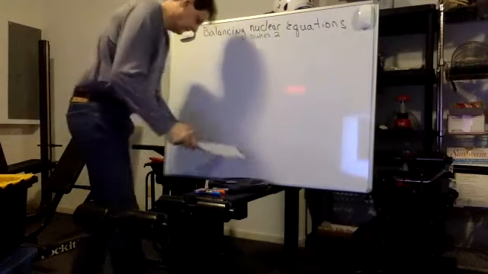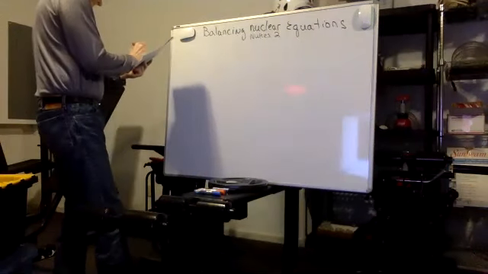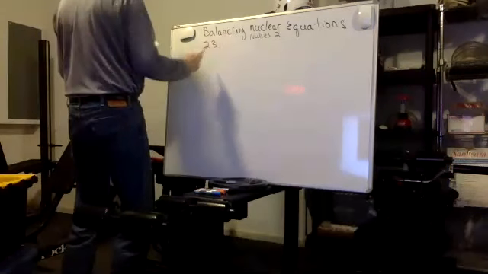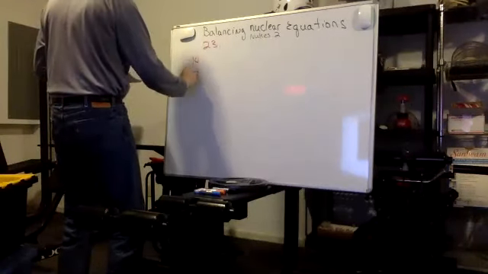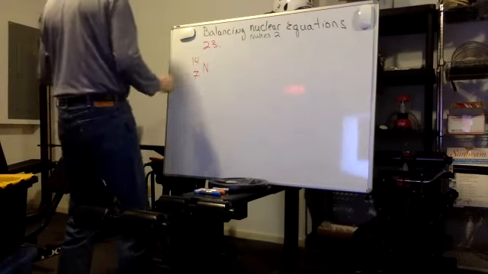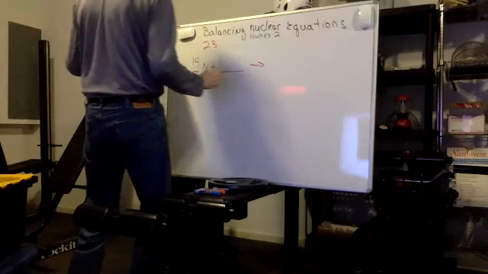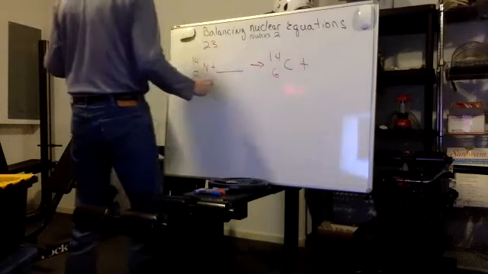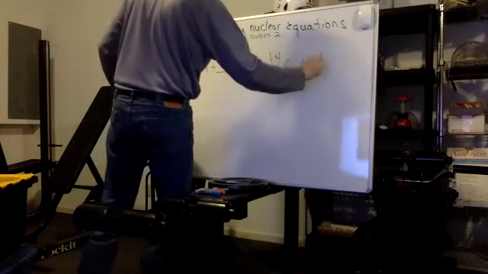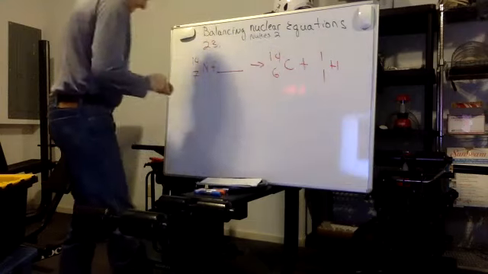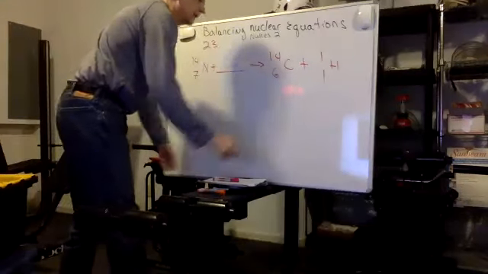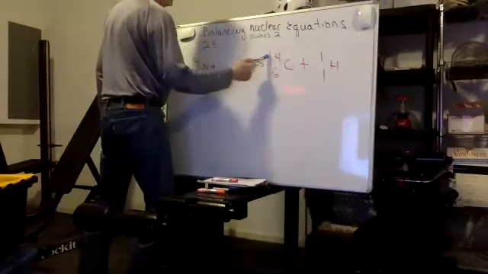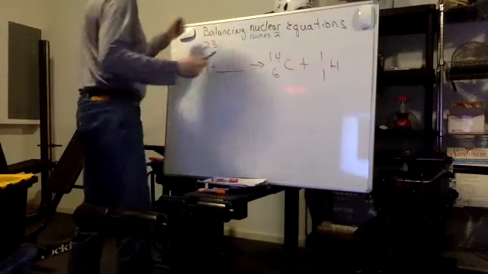Let's see. 23. 7N plus 1H. In this case, we have to add up. Since the particle's missing on the left-hand side, we are going to have to add the top numbers on the right and the bottom numbers on the right.